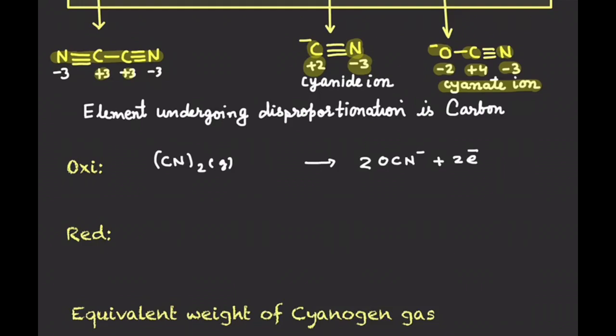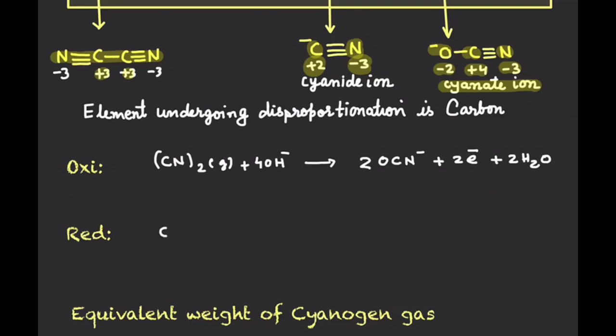In basic medium, in order to balance the charge, 2 negative charges are there on the right hand side, so we'll add 4 times OH minus. In order to balance hydrogen, we should write 2 times H2O in liquid state, and we can count the number of hydrogen, carbon, nitrogen and oxygen atoms. I think the first half cell reaction is balanced.